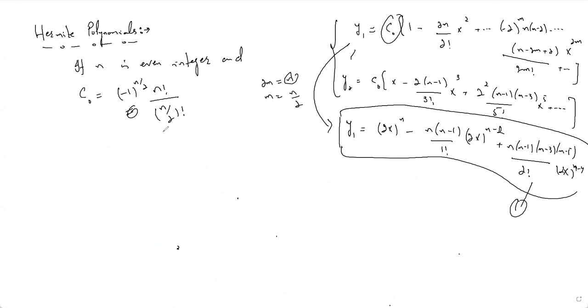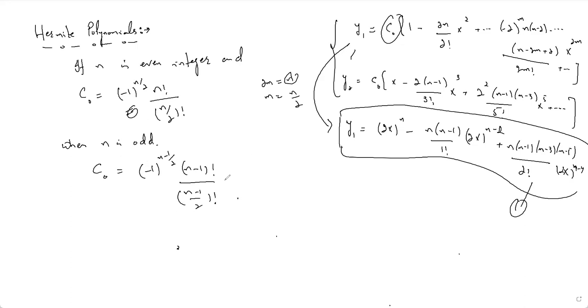From here, the coefficient c naught, when n is odd, will simply be equal to minus 1 raised to power n minus 1 by 2, then n minus 1 factorial, see here, divided by n minus 1 by 2 factorial.